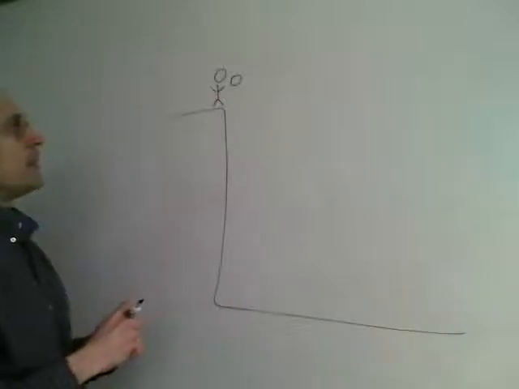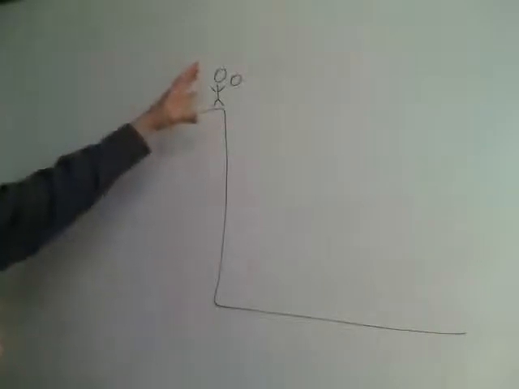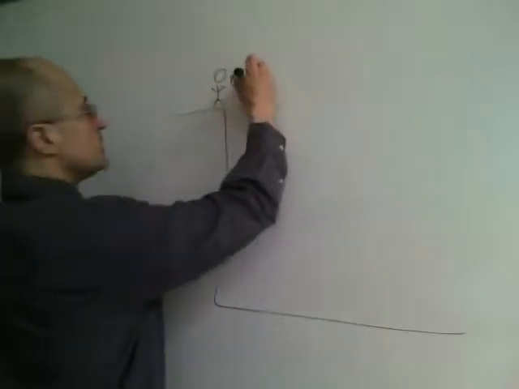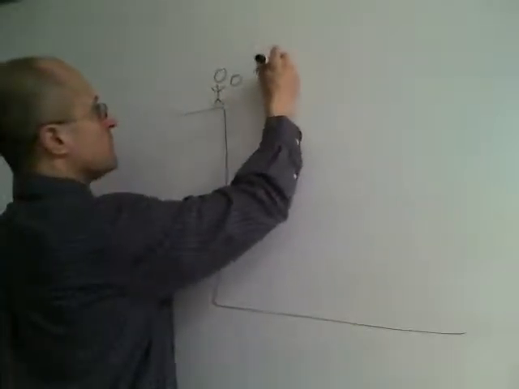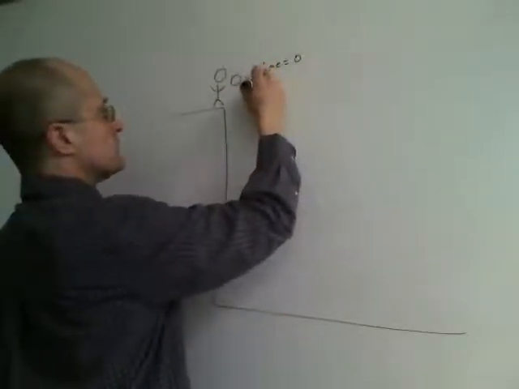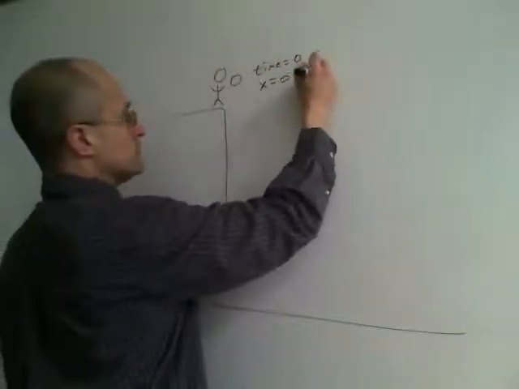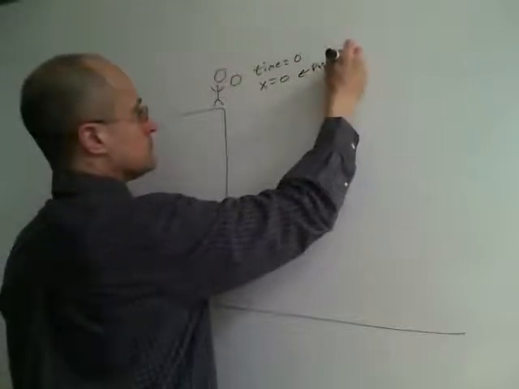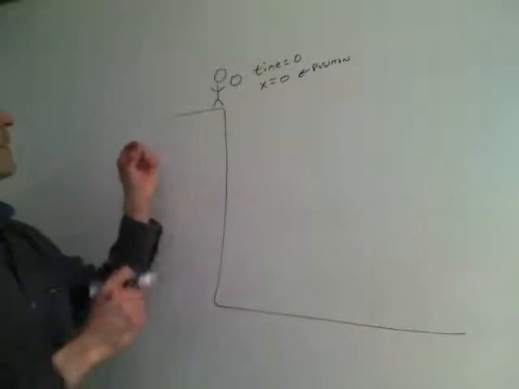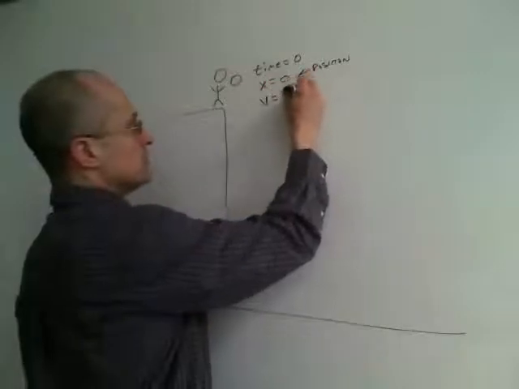And what we want to think about now is what's going to happen when we let our object go. Initially, let's say our time equals 0, our location or position, x, equals 0, and our speed, our velocity v, equals 0.